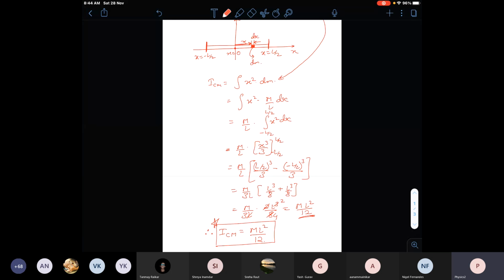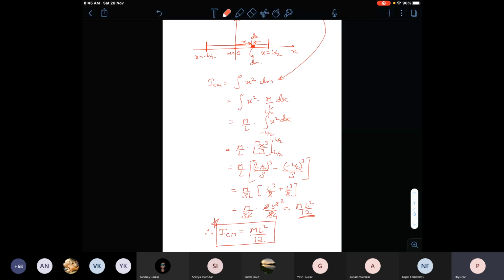But first you need to remember the moment of inertia of the basic shapes like sphere, disk, cylinder. All of these objects you need to remember the moment of inertia. So I will start writing those moments of inertia. Make a list, and you have to remember those values.